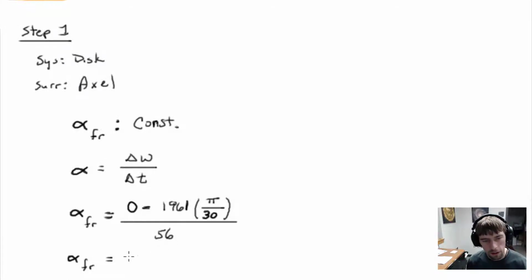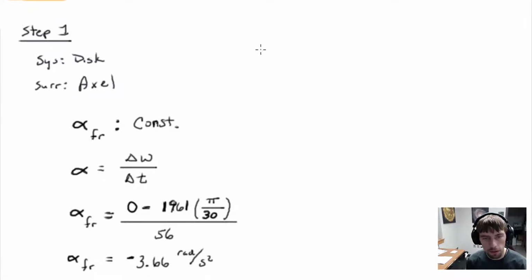I have negative 3.66 radians per second squared. Notice the negative sign, right, to indicate that it's slowing down, right? That's opposite. The angular acceleration is in the opposite direction as the angular velocity.